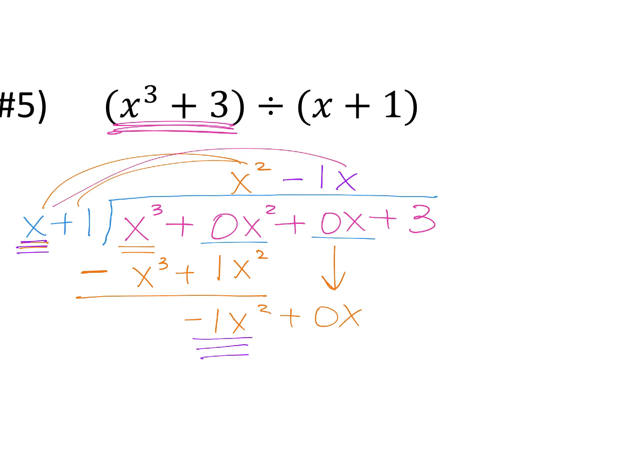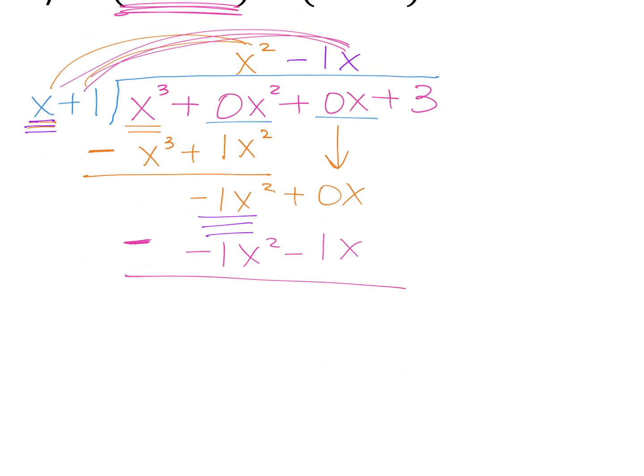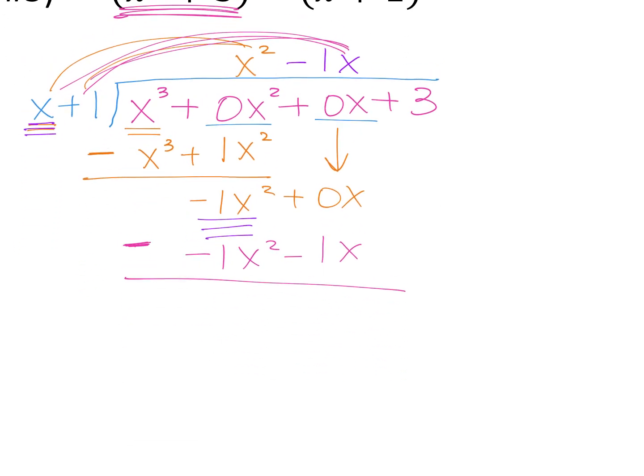So now if I distribute that, I get a negative 1x squared, and then negative 1x times 1 is a negative 1x. Now be careful here. What do you get when you subtract these? 1x, right? It's minus a negative is plus a positive. So minus a negative 1x is a positive 1x, and then bring down the plus 3.